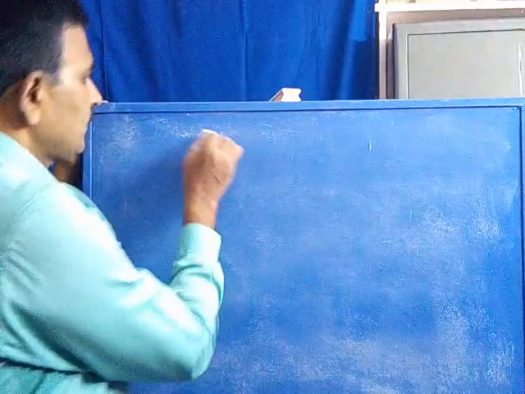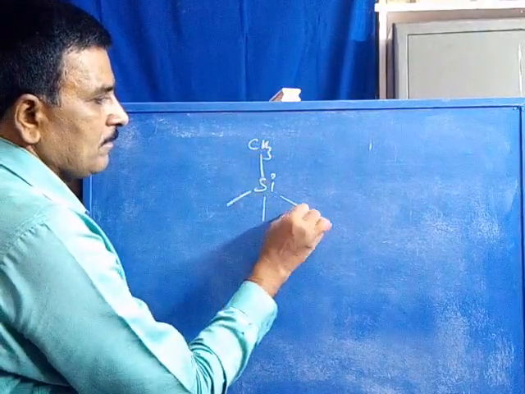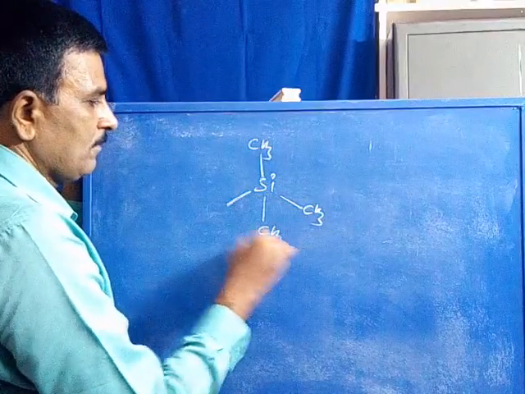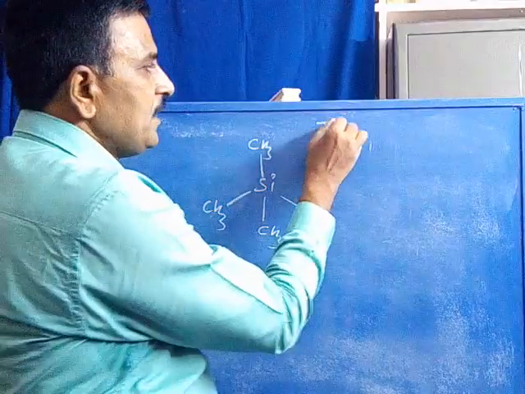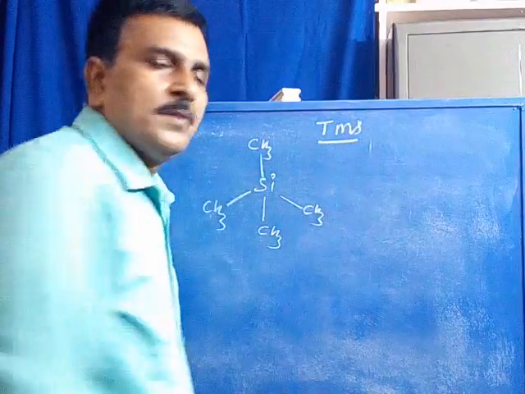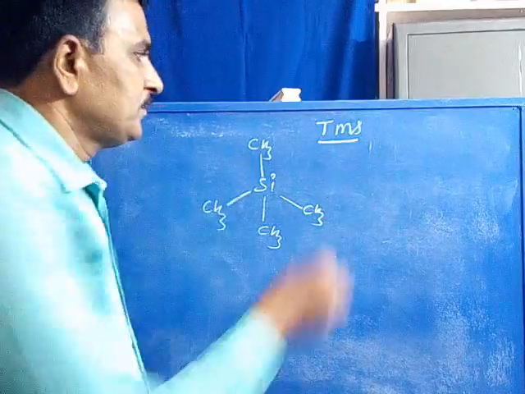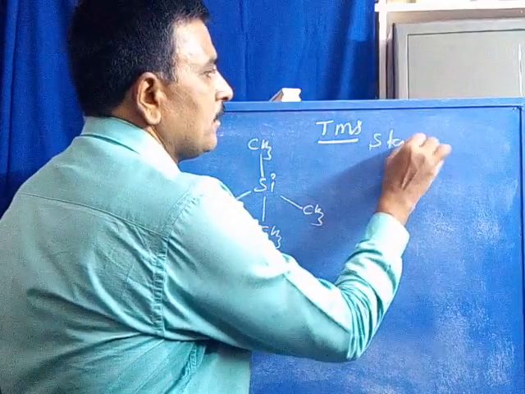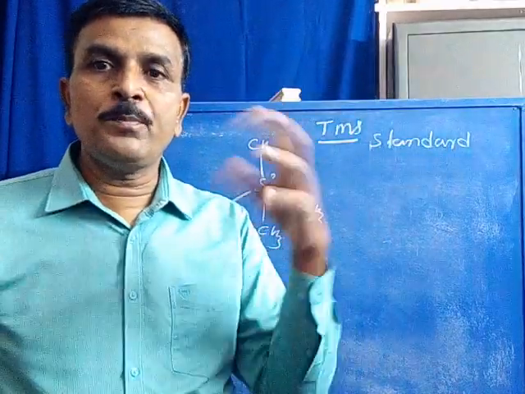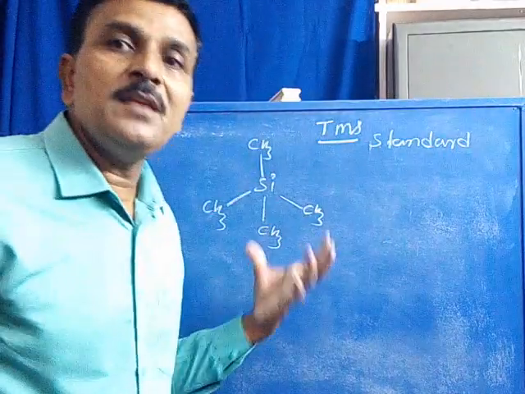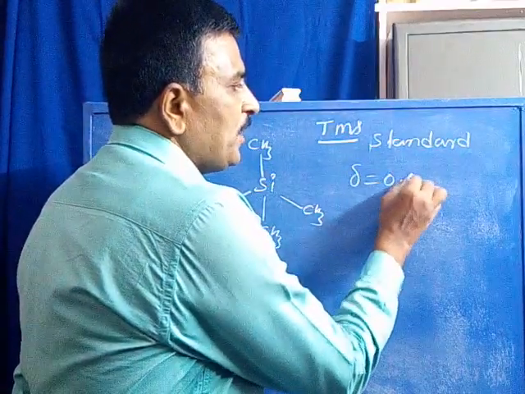tetramethylsilane, abbreviated as TMS, is used as a standard, where the absorption frequency of the proton present in this molecule is exactly known, that is, the absorption frequency is equal to 0.0 ppm.